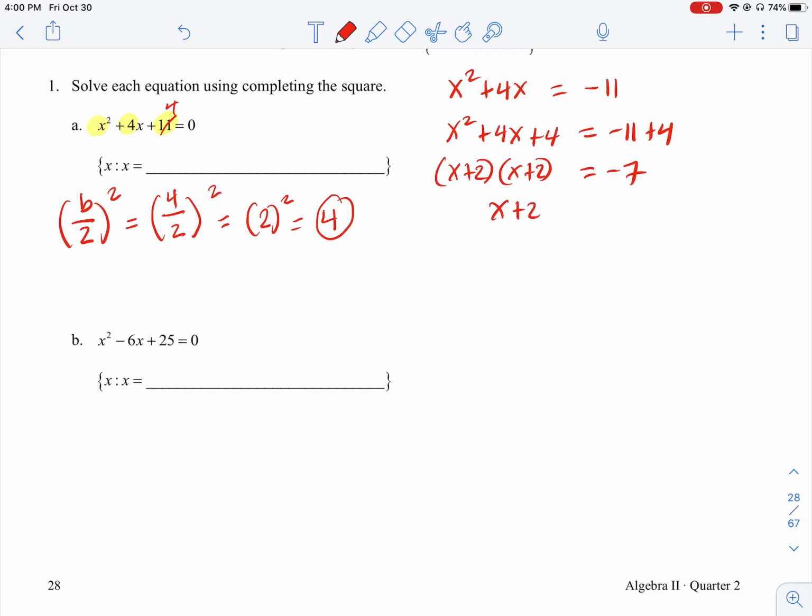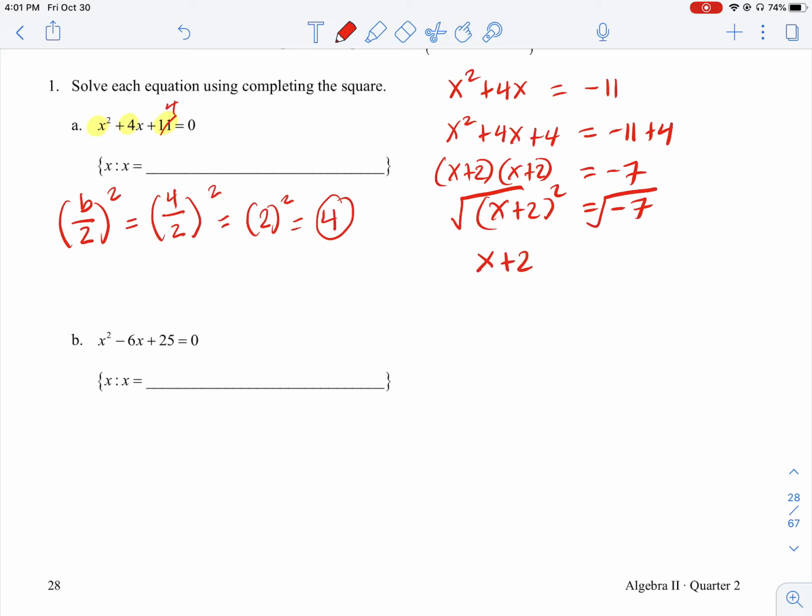And we know that if you have an x plus 2 and x plus 2, you can just combine them and write them as x plus 2 squared. And then you continue with the square root of negative 7. Because you're trying to solve the equation, you would want to leave x by itself. So you're going to square root both sides.